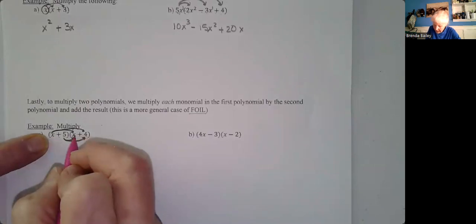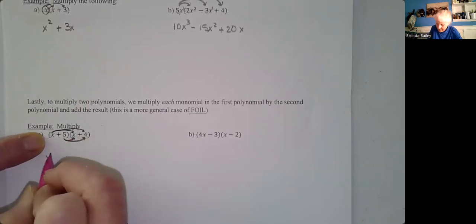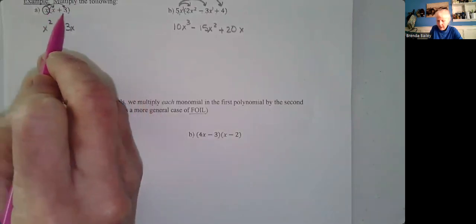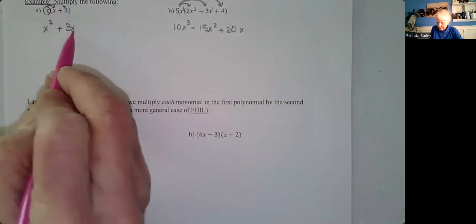So let's start with the x. x times x is x squared. x times 4 is plus 4x. I just took the x times both of those, just like we did up here.